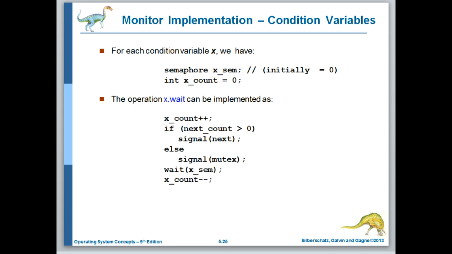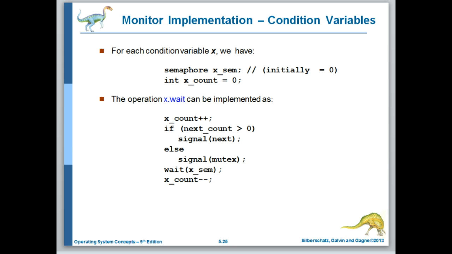For each condition variable, we implement that with a semaphore and a count of the number of processes that are waiting on the semaphore. You can see here the code on wait: increase the number of waiters.